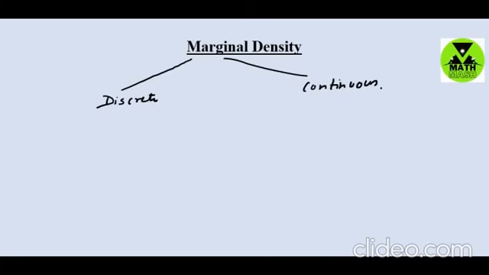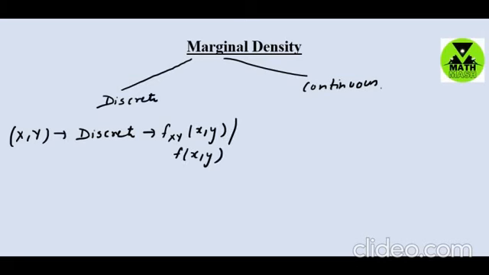So suppose we let x and y be two-dimensional discrete random variables, with their joint probability function given by f of x comma y. This f of x comma y represents the joint density, the joint probability mass function in case of discrete random variables.